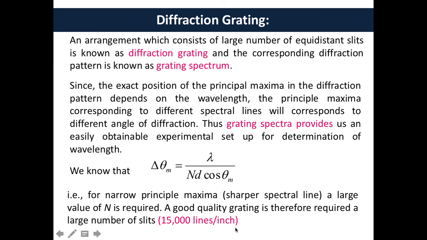And for commercial use, this grating is made from cellulose acetate. A solution of cellulose acetate of appropriate strength is poured on the ruled surface and allowed to dry to form a strong, transparent thin film.